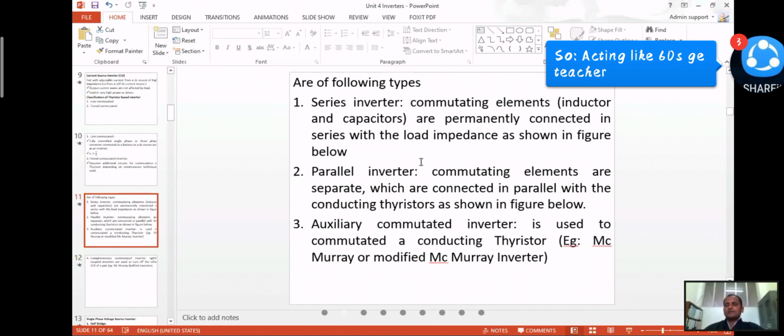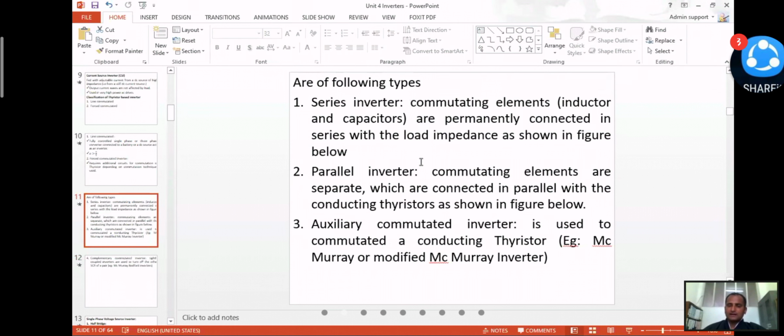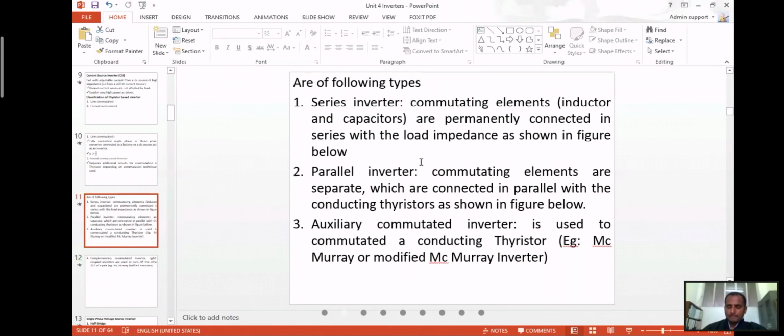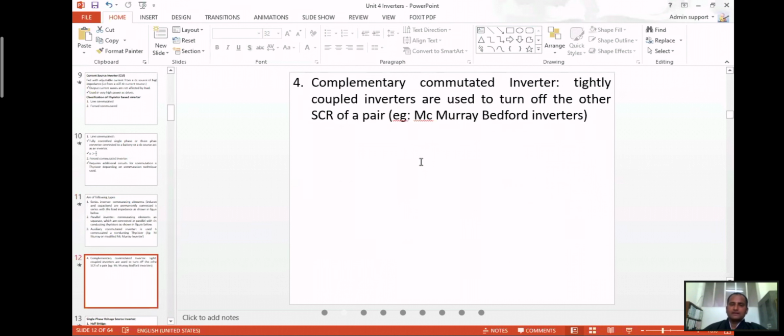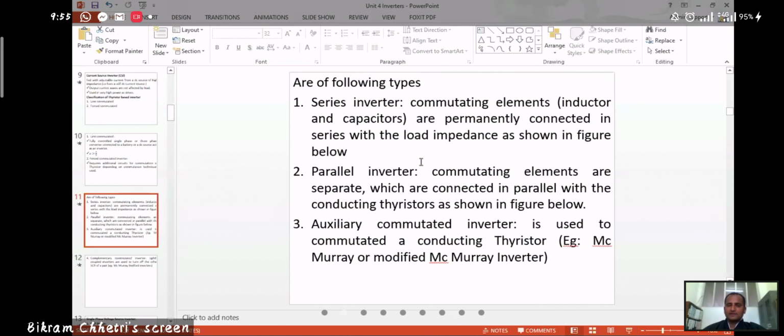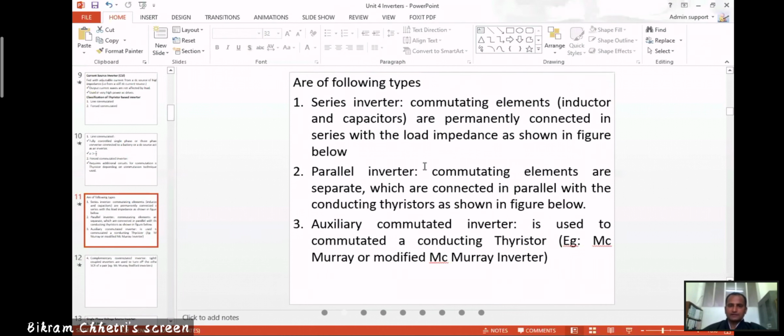Auxiliary commutated inverters are used to commutate a conducting thyristor. Examples are the McMurray or modified McMurray inverters. So these are some of the classifications of inverters: series, parallel, or auxiliary commutated inverters.